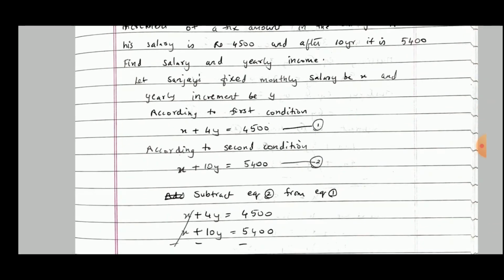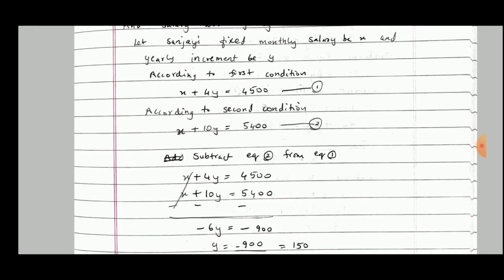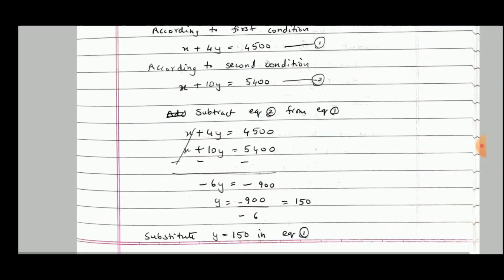Now subtract equation 1 from 2: x plus 4y is 4,500 and x plus 10y is equal to 5,400. So 6y is equal to 900. So y will be equal to 900 upon 6, that is equal to 150.